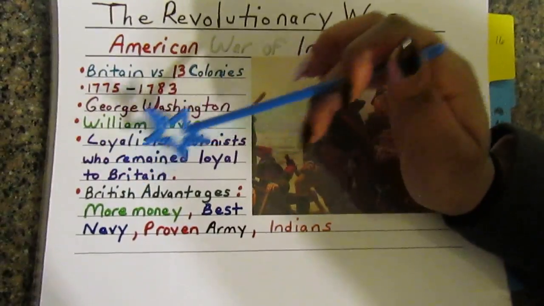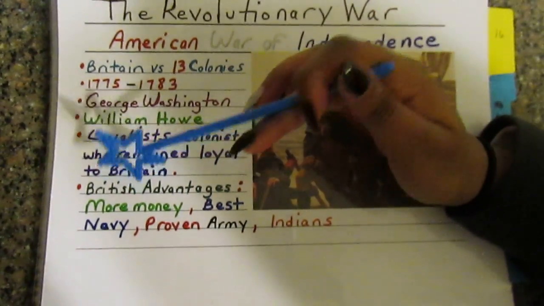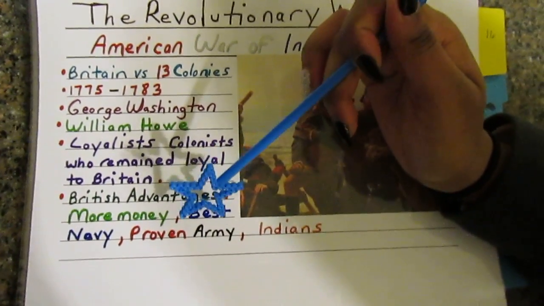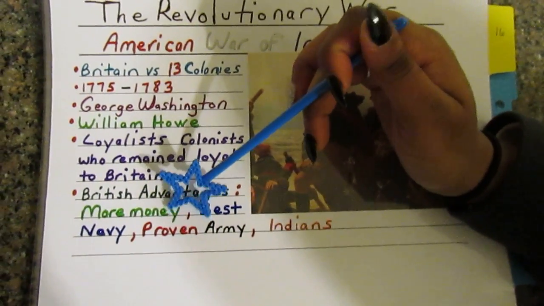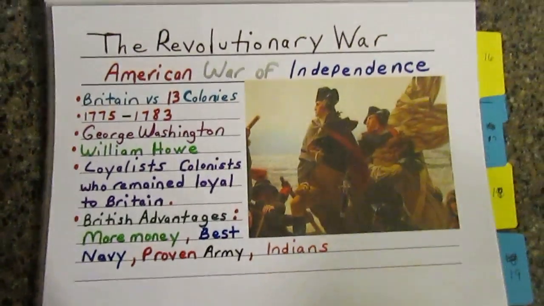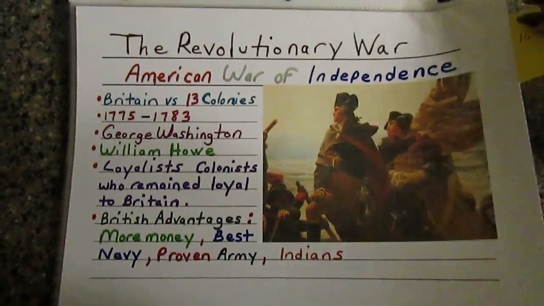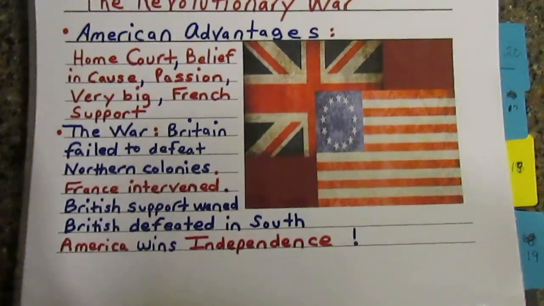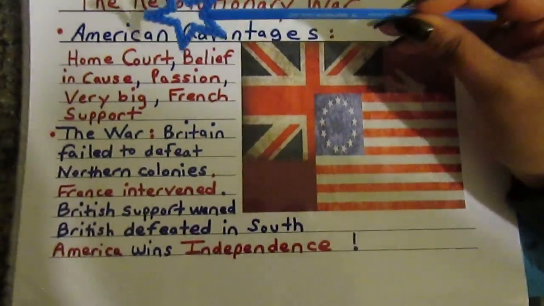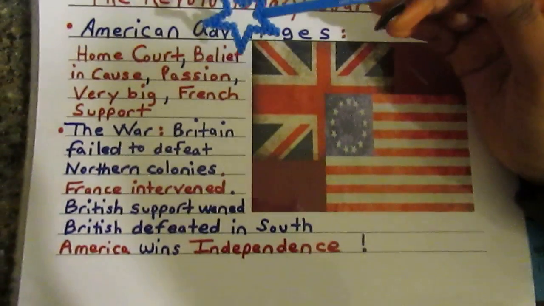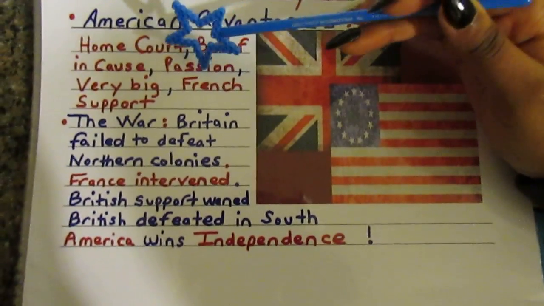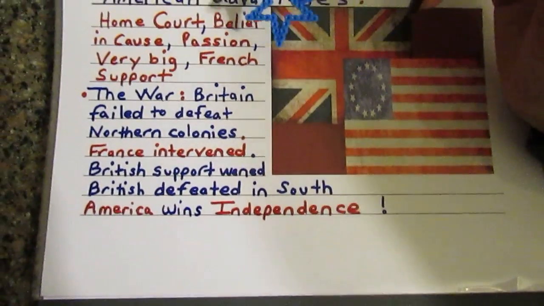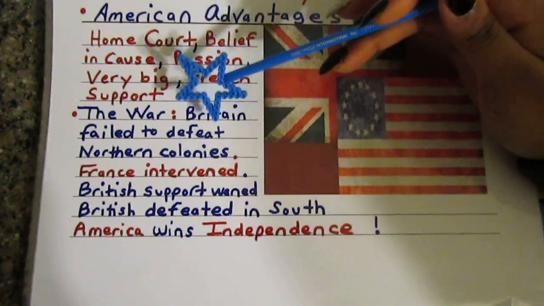Loyalists were colonists who remained loyal to Britain, and the British advantages were they had more money, they had the best navy, they had a proven army, and they had the Indians. The American advantages were they had home court advantage, and they had the belief in a cause, and they were passionate, and America was very big, and they had the French support.